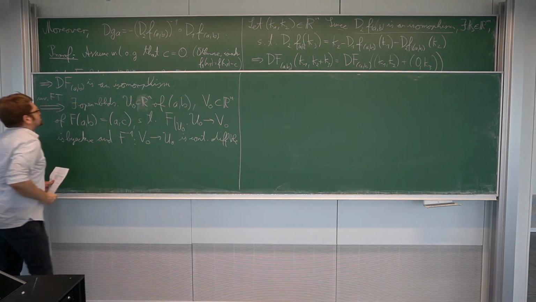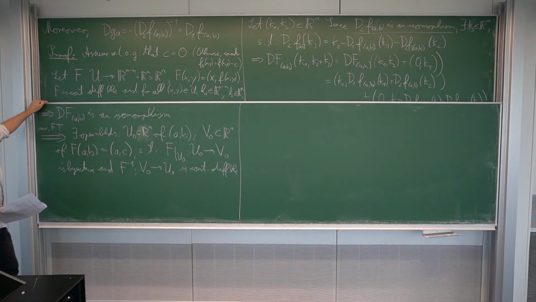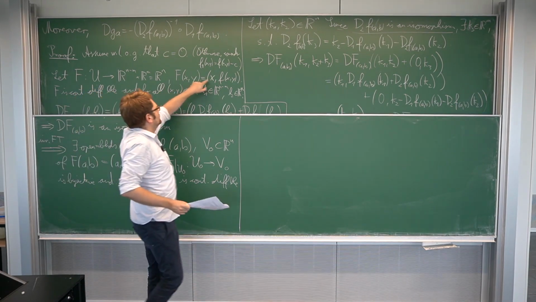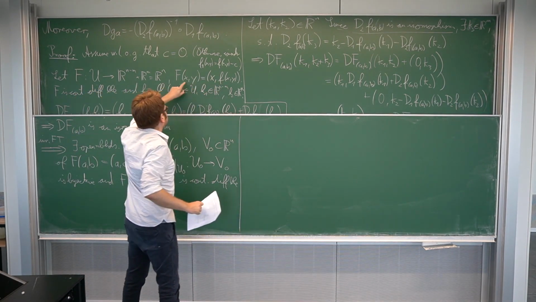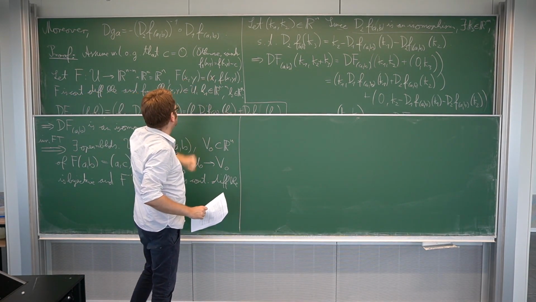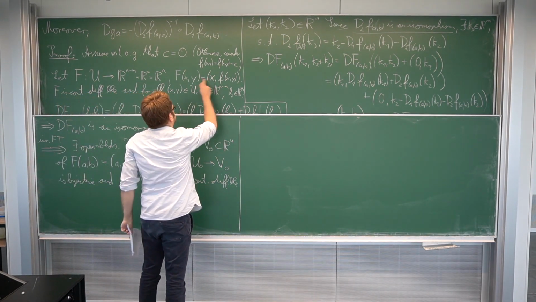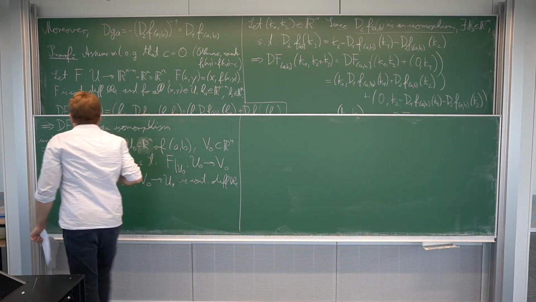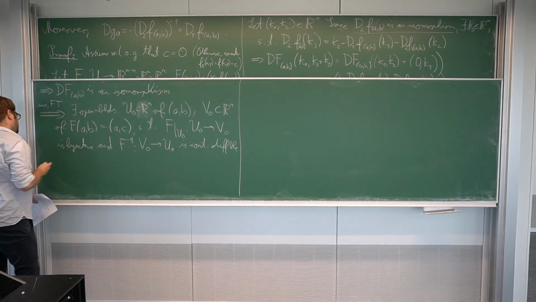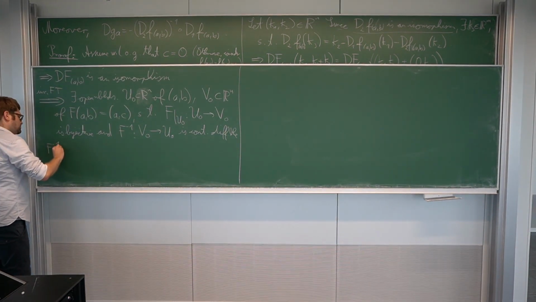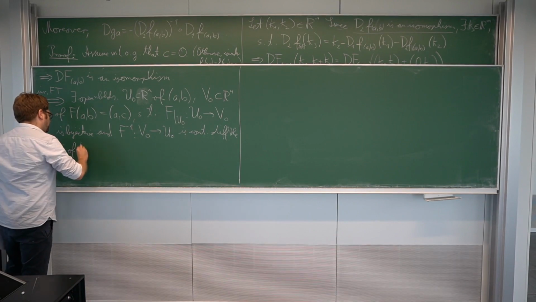Now, if you take a look at capital F here, so if you look at the way how it's built, you see the x is just mapped to x here, so we don't know the inverse, but we know that the inverse must also keep this x preserved. So in general, f to the minus 1 is of the following form.